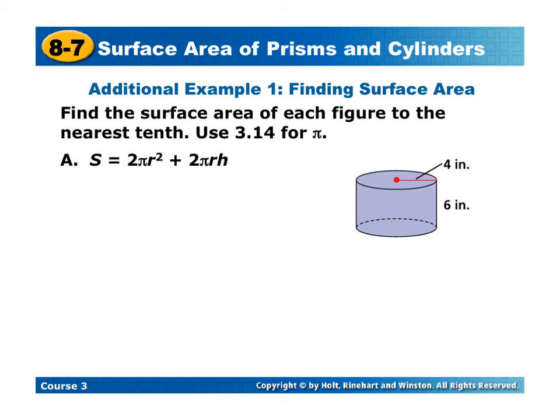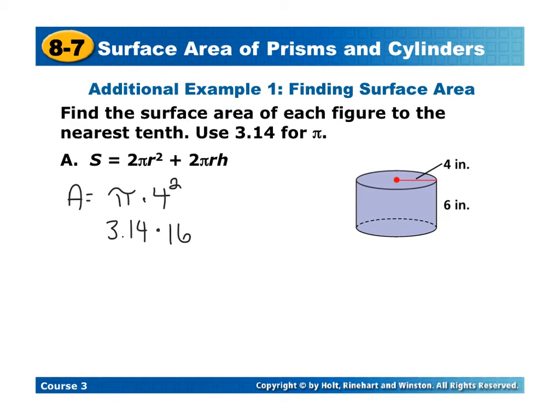So we're going to look at first, find the area of our two bases. So the area of a circle is pi times our radius, which in this case is 4, squared. So here we're going to use 3.14 for pi, so I have 3.14 times 4 squared, which is 16.